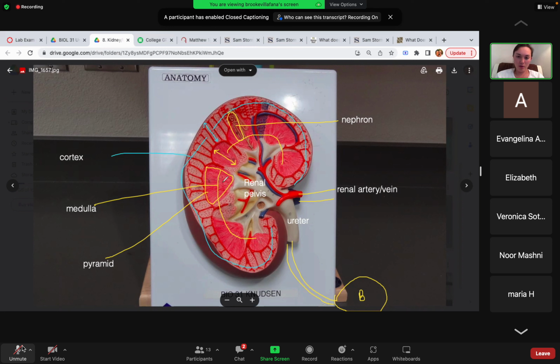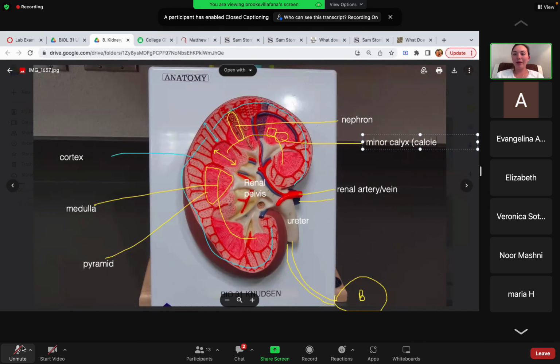On this model, you can see the minor. So I'm going to try to circle it. They're really visible here. You see this like kind of little V shape? One there, one there. Can you see my, okay, yeah. Okay, this little V shape. That is a minor calyx. Like we've talked about multiple times, there's a plural form in Latin.